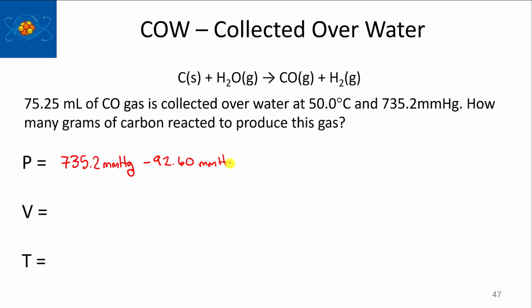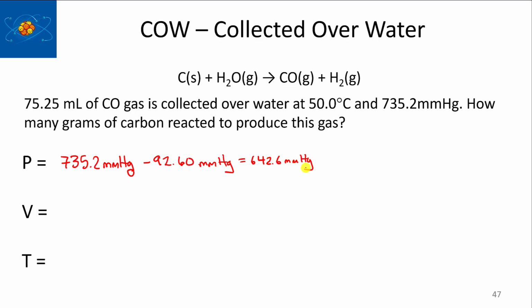It turns out from the very early slide on units, a torr and a millimeter of mercury are about the same. It's 760 millimeters of mercury for an atmosphere and 760 torr for an atmosphere, so they have about the same equivalent unit size, so we can just substitute. So that's going to give me a pressure of 642.6 millimeters of mercury.